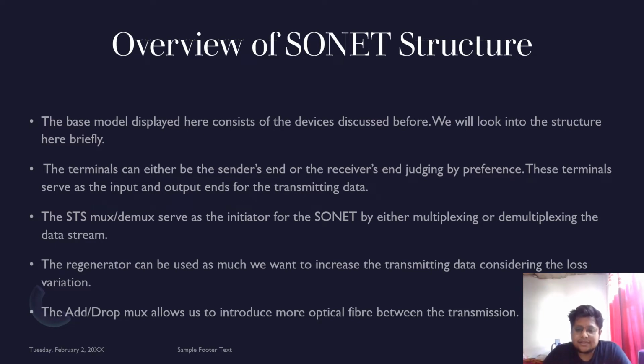The STS mux and demux serves as an initiator for the SONET by either multiplexing or demultiplexing the data stream. What does this mean? This means that the input is either reducing or increasing or distributing itself on various streams as per the required use.